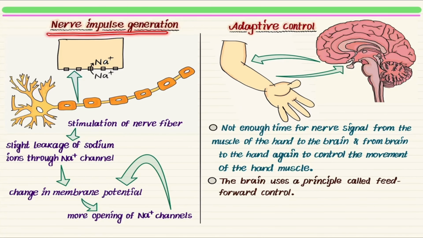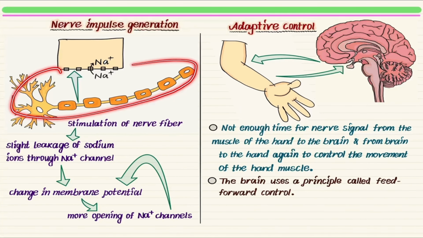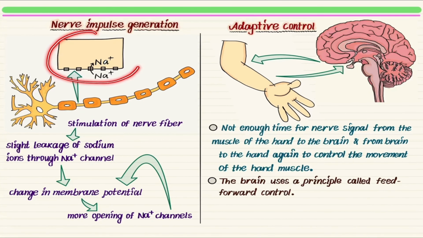The nerve impulse generation is another useful positive feedback mechanism. Here, this is the nerve cell and this is a segment of the nerve cell. Here, these are the sodium channels through which sodium enters into the nerve cell. The stimulation of the nerve fiber causes slight leakage of sodium ions through the sodium channel.